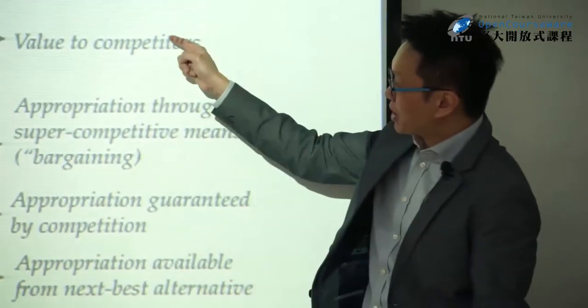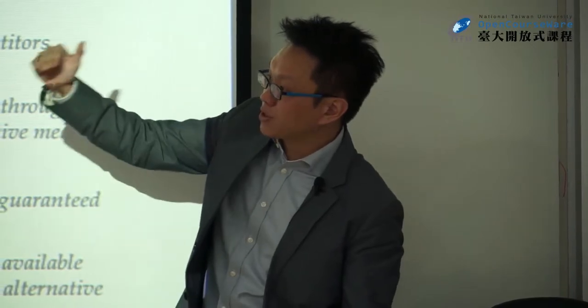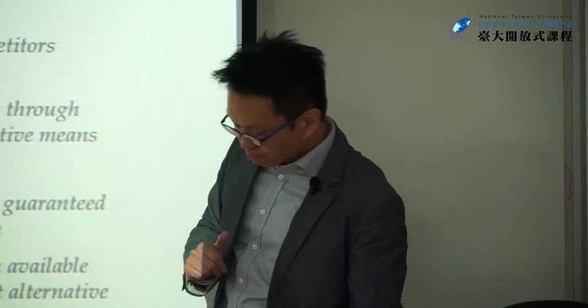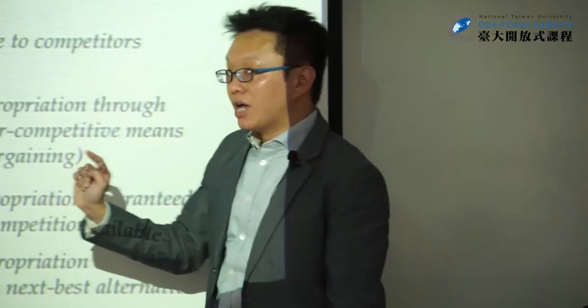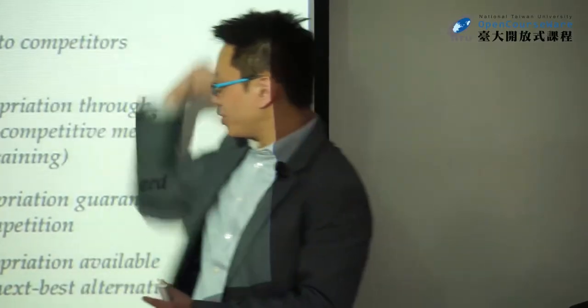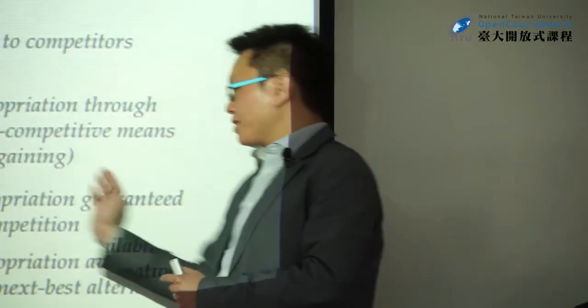Now we look at competitors. Your competitors are like Apple versus Microsoft, or versus Google for Android, in the OS system. So competitors also capture value. At the end, we will have bargaining: value for competitors, value for the next opportunity, value from competition.